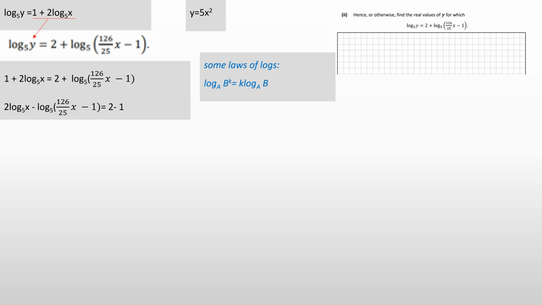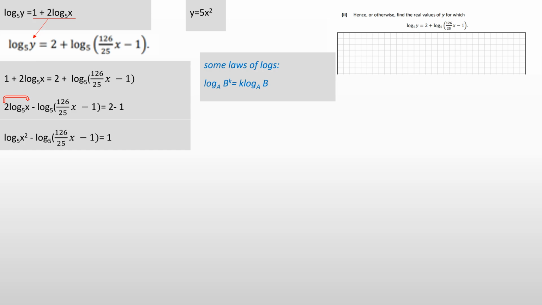So in this case, we have 2 log 5x, so we want to remove the 2, so it becomes a power. So it will become log 5x squared. So we move the 2 there, and then it becomes log 5x squared minus log 5 (126 over 25x minus 1) equals 1.